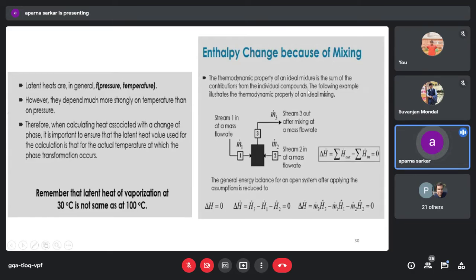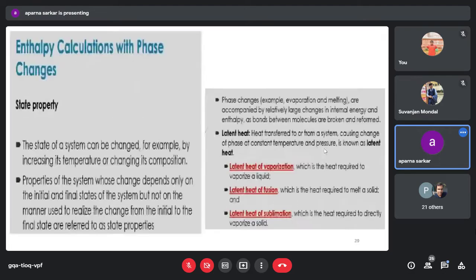So for this system, what is the enthalpy change formula? It is del H equal to summation H out minus summation H in. And this enthalpy change of mixing is always zero for an ideal mixing.